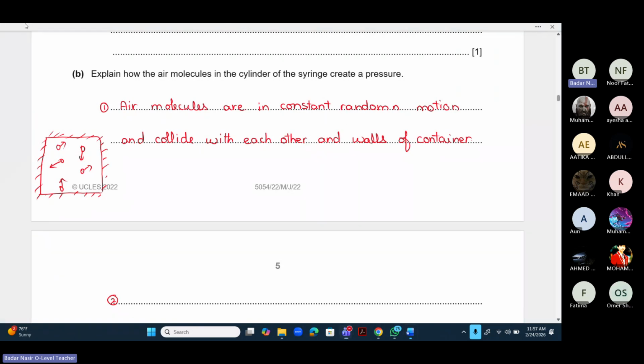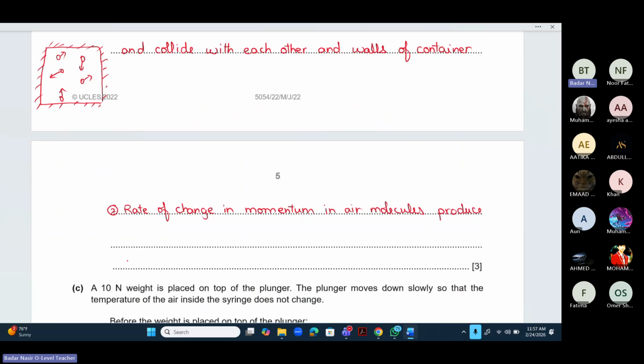Okay? अब क्योंकि जब ये मूव करते हैं ना तो इनकी जो काइनेटिक एनर्जीज है वो चेंज हो रही होती है। सो रेट ऑफ change in momentum, ठीक है। सो रेट ऑफ चेंज ऑफ मोमेंटम इन एयर मॉलिक्यूल्स प्रोड्यूस फोर्स, ठीक है। सो दे प्रोड्यूस force and when these air molecules exert force per unit area, so that is called the pressure.